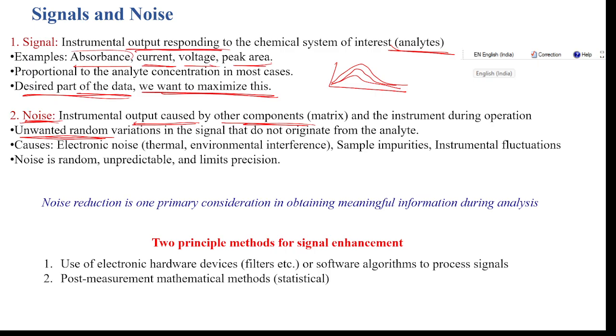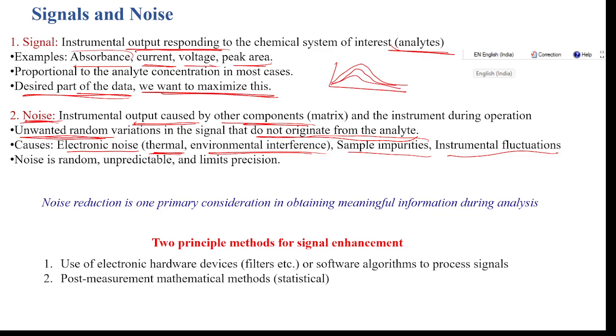but it's not possible for us to avoid noise. It's going to be there because in the real world noise exists, we just want to minimize it as much as possible, and it does not originate from the analytes. For example, electronic noise from thermal effects, where heat is created in electricity, or environmental interference; sample impurity, where some impurity changes your data; and instrument fluctuation, for example light fluctuation, which brings random changes.